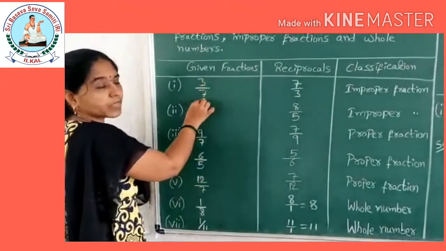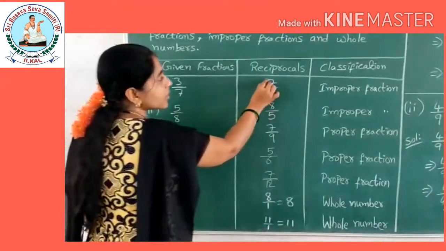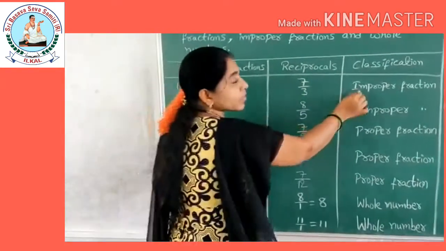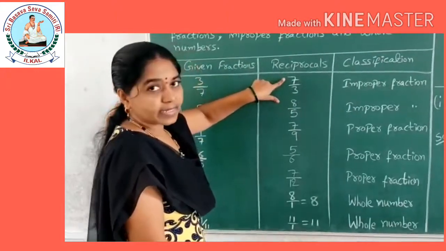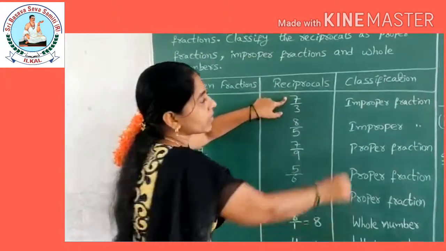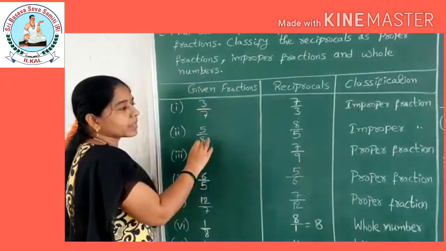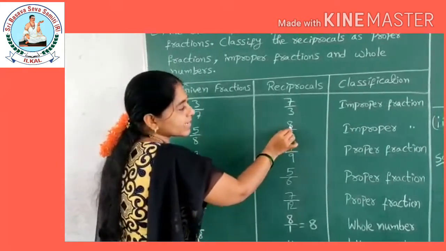3 by 7. Reciprocal of 3 by 7 is 7 by 3. If the numerator is bigger than the denominator, we will call it an improper fraction. Next one. 5 by 8. Reciprocal of 5 by 8 is 8 divided by 5. 8 is again bigger.